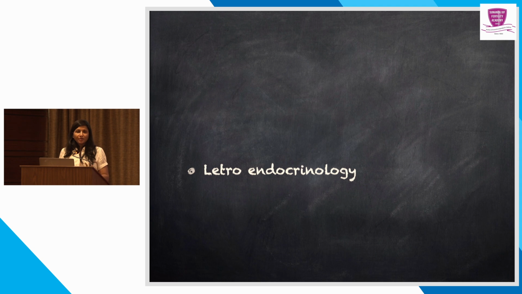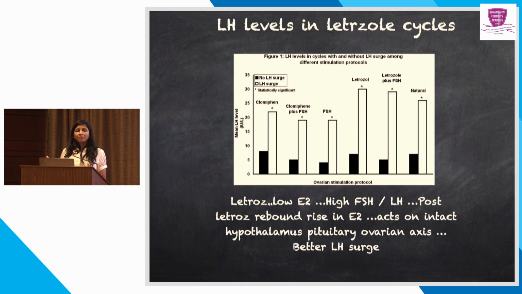So about letrozole endocrinology, when we compared, we know that clomiphene citrate, CC, which is on the receptor, is going to pump in FSH and LH continuously. But we should also know that letrozole has a better LH surge. And the physiology behind that: letrozole initially will have very low estradiol. Now what is going to happen, more FSH and LH is going to come.